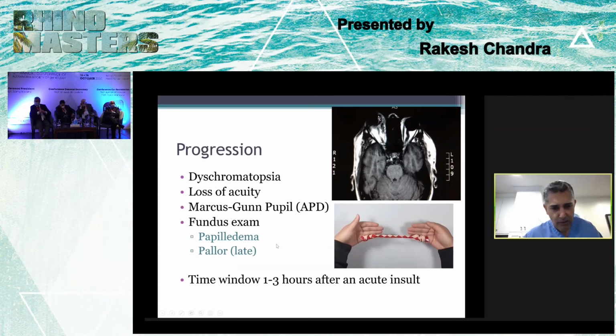The first sign of optic neuropathy oftentimes is loss of color vision, but also loss of acuity in the Marcus Gunn pupil, and the ophthalmologist will see papilledema early on and pallor of the optic disc later. You have a small time window because the optic nerve does not like being put on stretch like that.